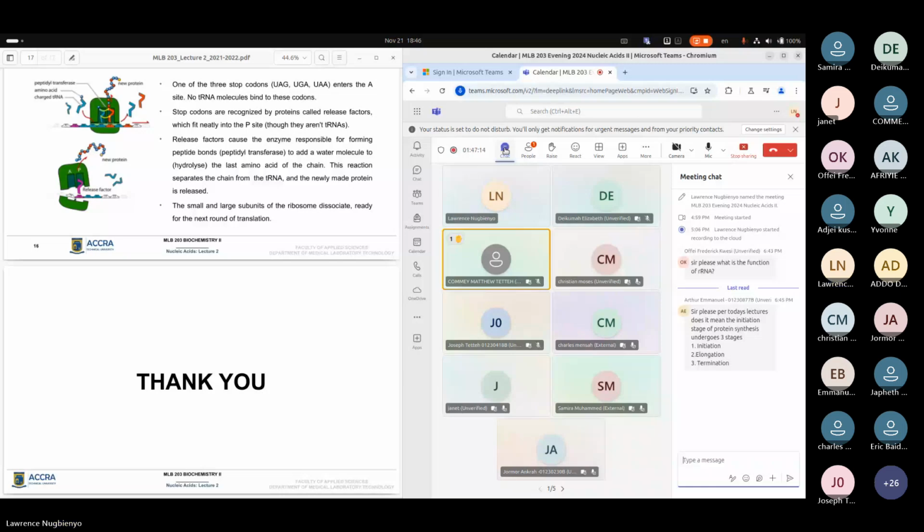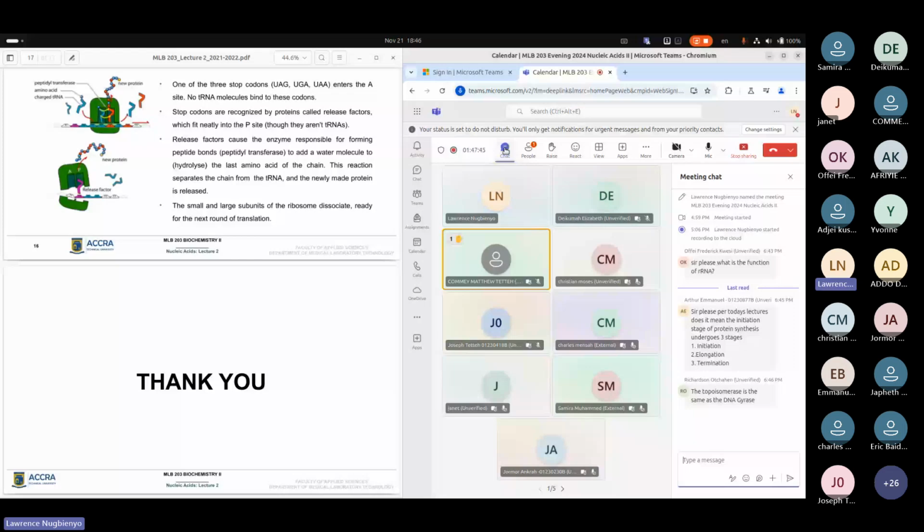Exactly so. Yes, that's what it means. There will first be the start of the process, which is initiation, and then there will be elongation, and then there will be termination. So yes, you are right about that.